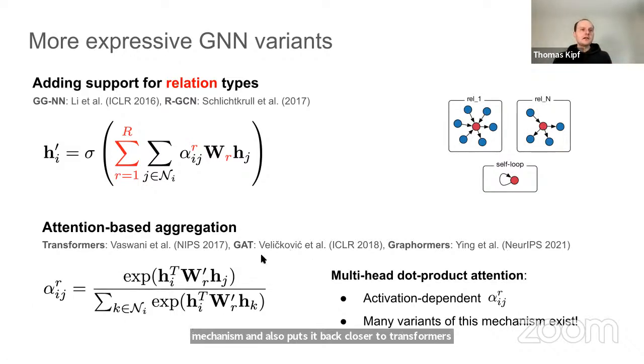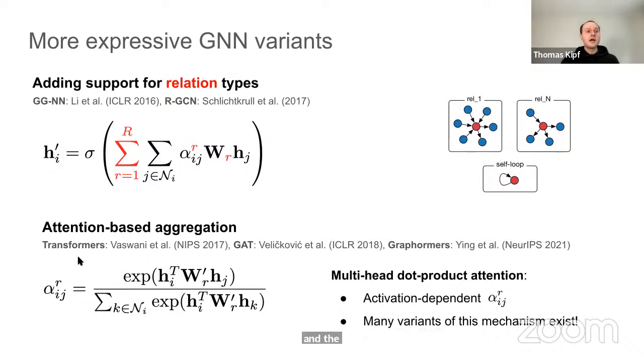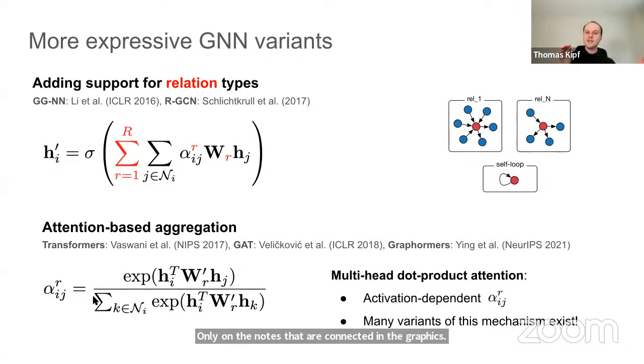The main difference to transformers is that here we operate on a graph, and we pass messages only on the nodes that are connected in the graph. And so we don't attend to neighbors that are not connected in the graph. Whereas, for example, in language, you would attend to everything because usually you only have short sequences and you don't have this additional information of what is connected to each other.